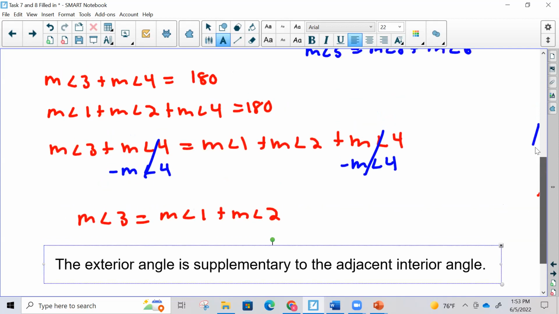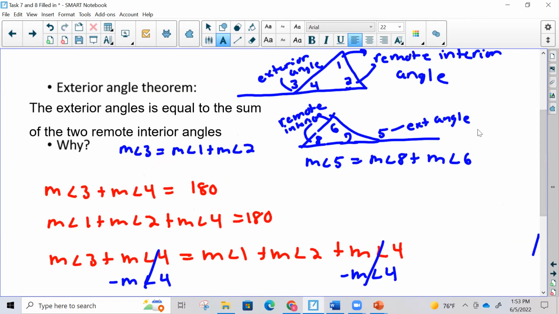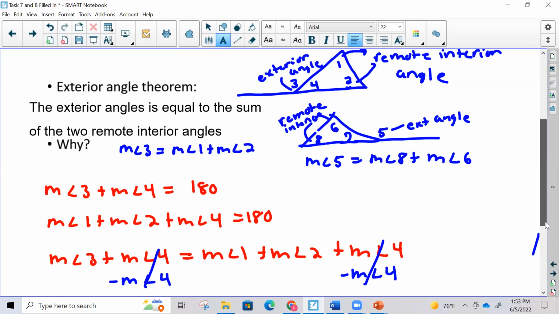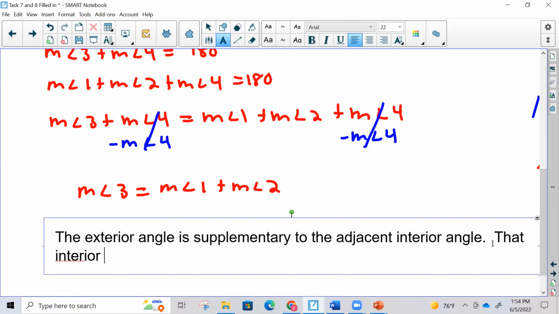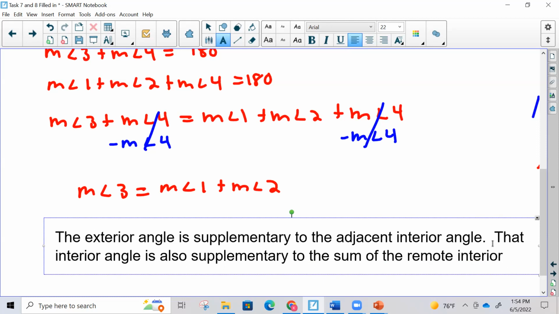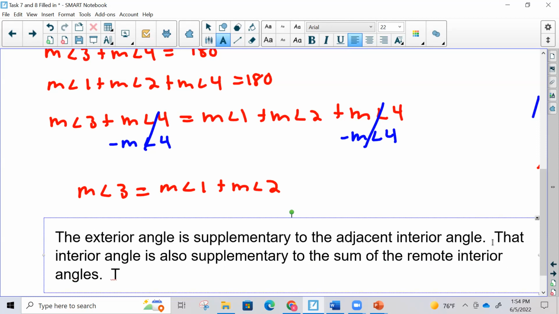So in our first diagram, angles 3 and 4 are the adjacent angles, and angle 4 is the adjacent interior angle. So the exterior angle is supplementary to the adjacent interior angle. That interior angle is also supplementary to the sum of the remote interior angles. And two angles that are supplementary to the same angle are always equal.